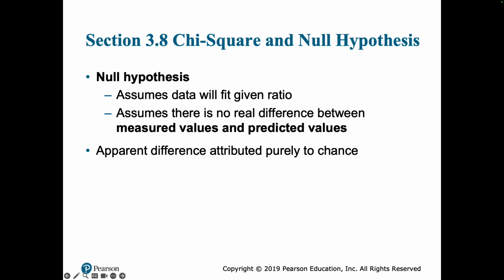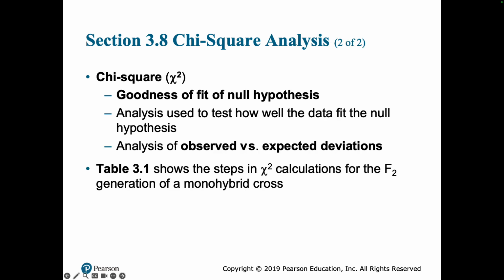So the null hypothesis is that what we see should fit our prediction. If there is a difference, that's because of chance. We use this statistical analysis to give that some weight or some backbone. The chi-square test, or the goodness of fit, looks at the data that we've received and compares it to what we predicted to see if our null hypothesis was actually correct.